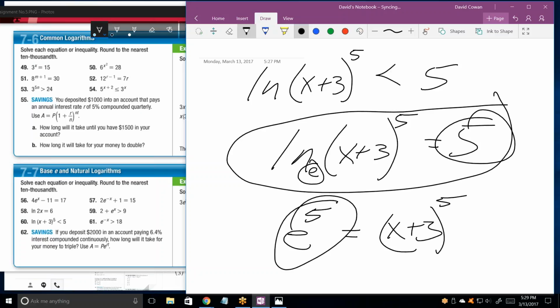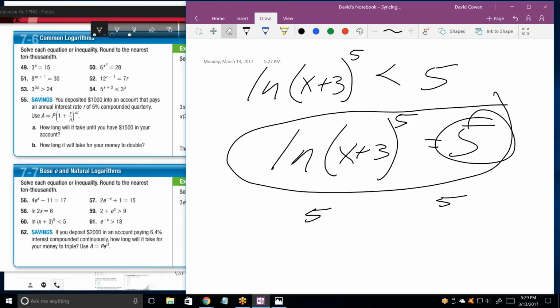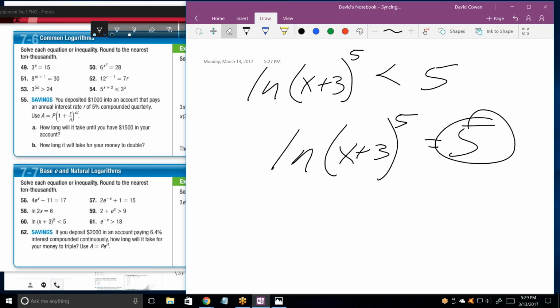So solving a logarithmic equation is relatively straightforward. You just put it in exponential, and generally you can figure it out from there. That's algebra. Now, the question is, is everything the same when it's an inequality?